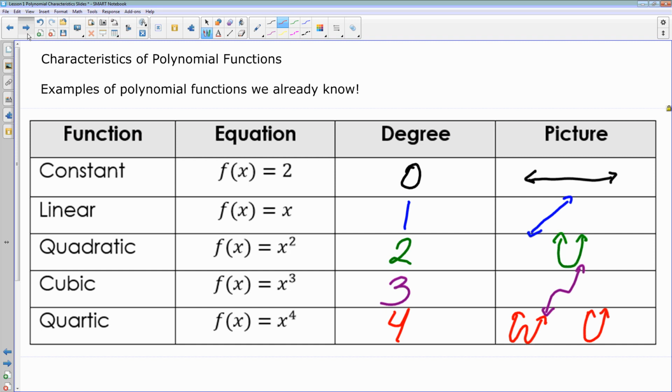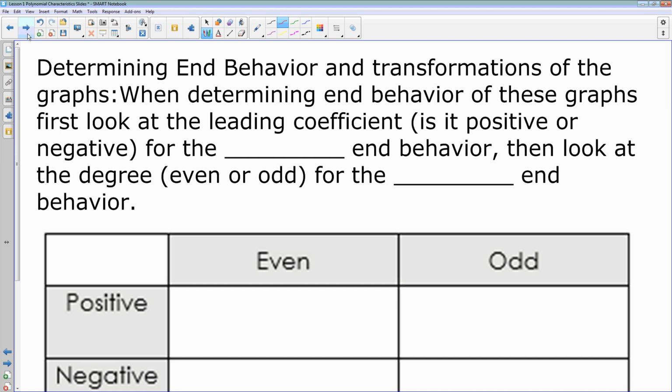All right, so let's talk about end behavior and how to determine that. We can actually determine our end behavior without actually drawing a graph. Now we could still graph it just to double check ourselves, but to figure out our end behavior, we're going to first look at our leading coefficient. And so we look at it and is it positive or negative?